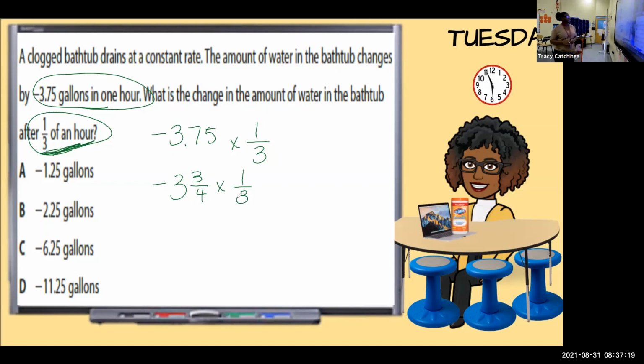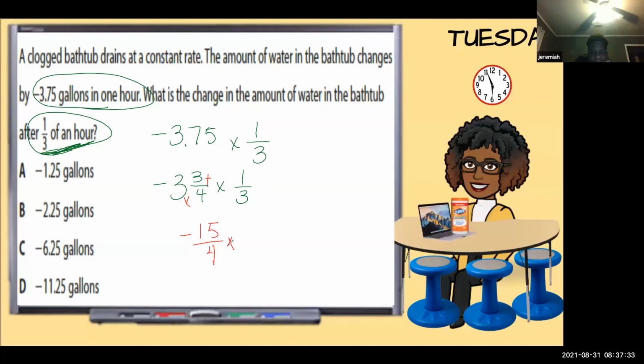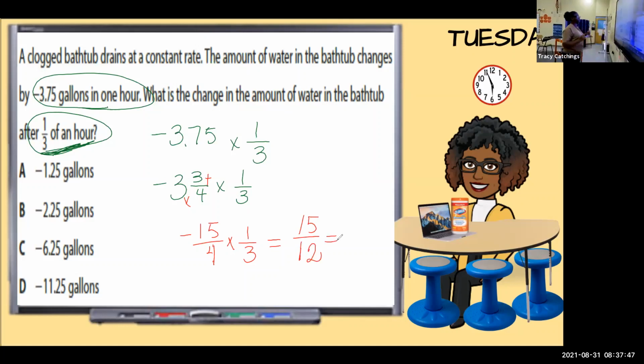All right, so we can change that negative 3 and 3/4 to an improper fraction. 3 times 4. 12. 15. So negative 15/4 being multiplied by 1/3. All right, multiply it out. 12. How many groups of 12 can we take out of 15? 1. Subtract. 3.